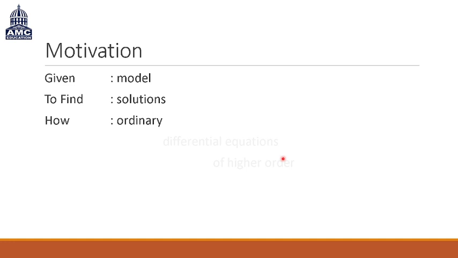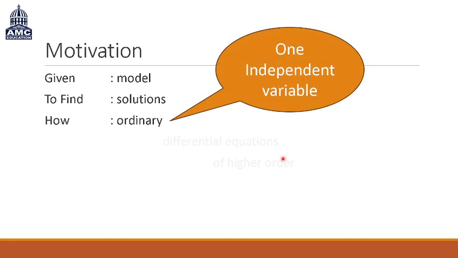We want to solve these particular equations, and these are all ordinary differential equations, and it's called ordinary because there is just one independent variable. If there were more than one independent variable, then we would have gone for partial differentiation. Okay.